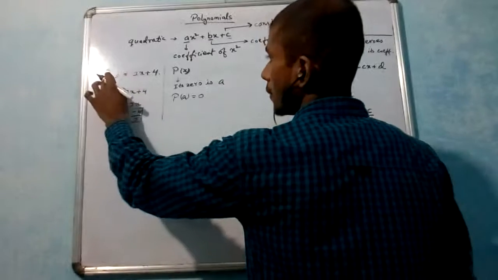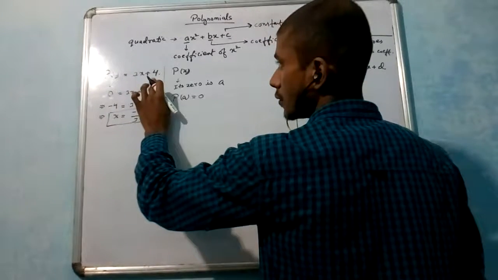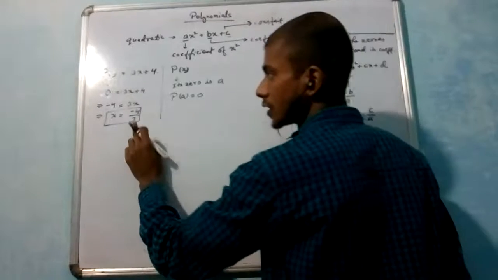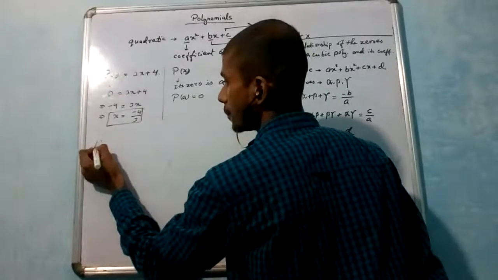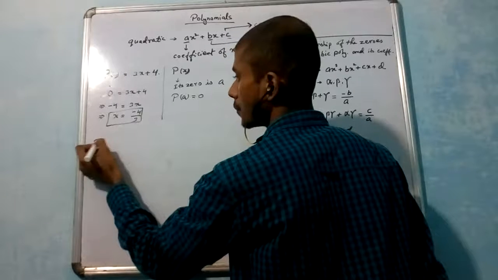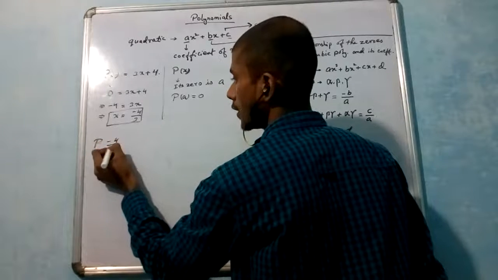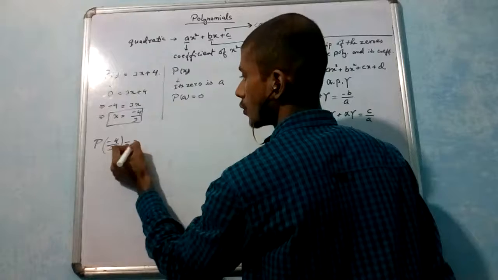Now understand here, p of x is equal to 3x plus 4, and the zero is minus 4 by 3. So can I write p of minus 4 by 3 is equal to 0?